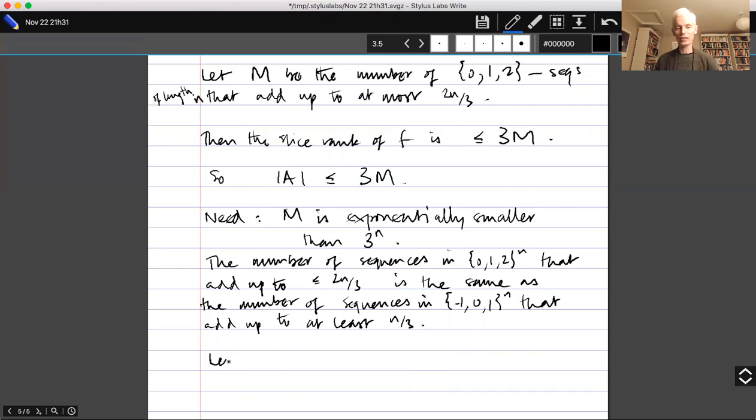So we can say, this is not going to give the best bound possible, but I don't mind too much about that. Let x1 up to xn be independent random variables chosen uniformly from -1, 0, 1.